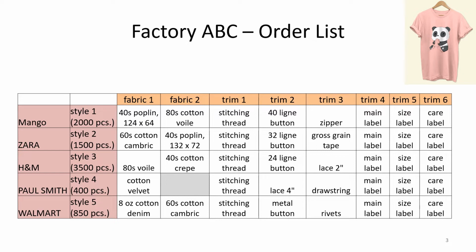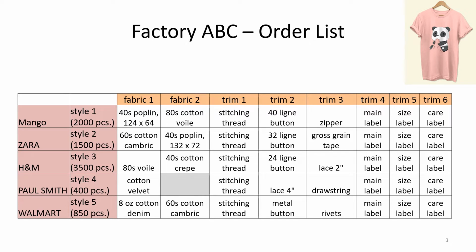It is, let's say, a double layer cotton blouse, which has a shell fabric of 40s poplin with construction of 124 by 64, and it has a lining of 80s cotton voile, and it has stitching thread. It has, let's say, a front open blouse with buttons, and it also has zippers at the side seam, and the rest of the things like main label, size label, and care label. So that's one style from Mango.